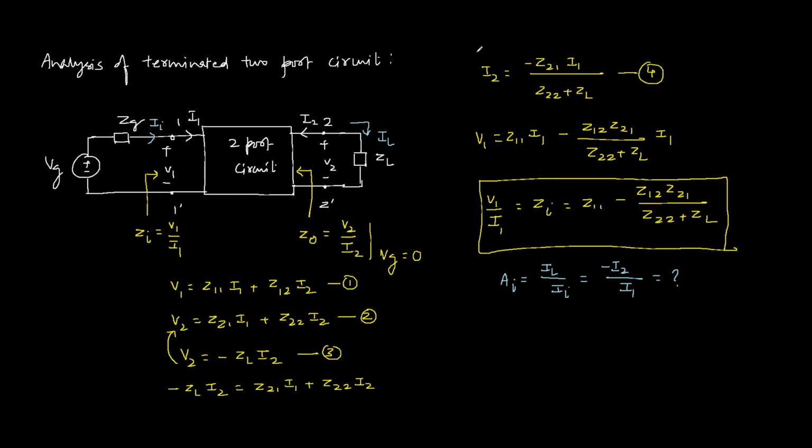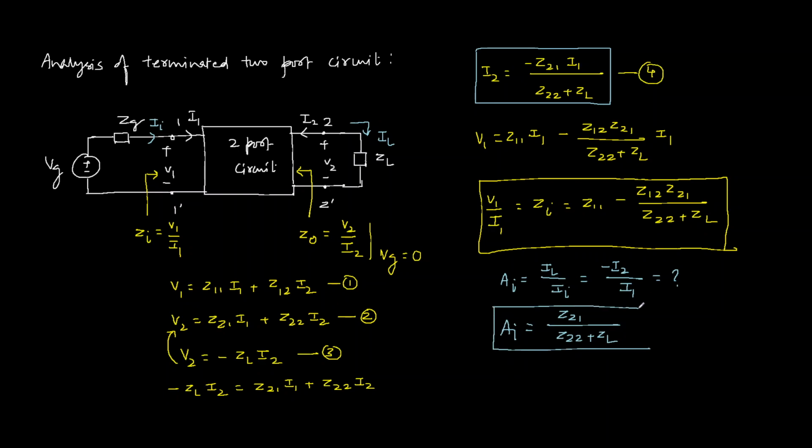Here we have a relation in which we have written the expression for I2 in terms of I1. So this will give the ratio of -I2 over I1. So current gain is -I2 over I1. That will be Z21 over (Z22 + ZL).